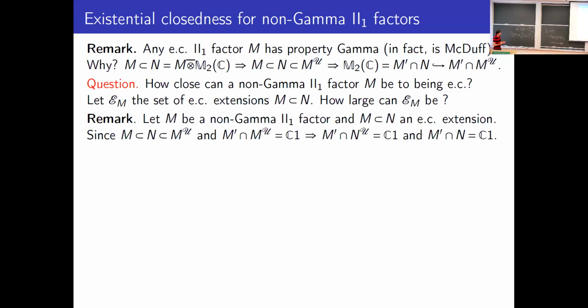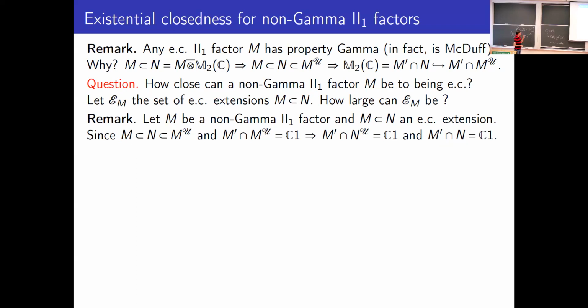A remark is in place here. If you start with a non-gamma II1 factor, there are quite a few restrictions on the existentially closed extensions that you can have. Let's assume that M is non-gamma, and let M inside N be an existentially closed extension. So M is contained in N, which is contained in M^U. Because M is non-gamma, the relative commutant of M in M^U is trivial.